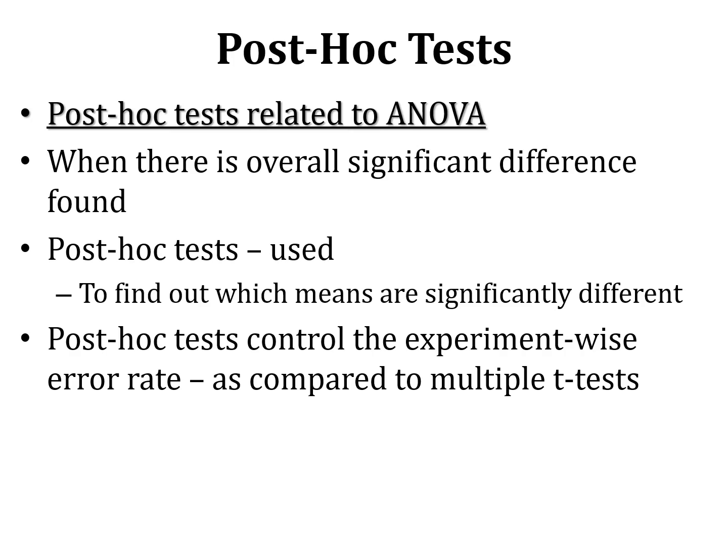You have increased chances of making a type 1 error. But when you perform post hoc tests, some of them control the experiment-wise error rate. There are some post hoc tests which do not control it, but there are some which actually do. So you can perform these post hoc tests without fear of increasing the chances of making a type 1 error.